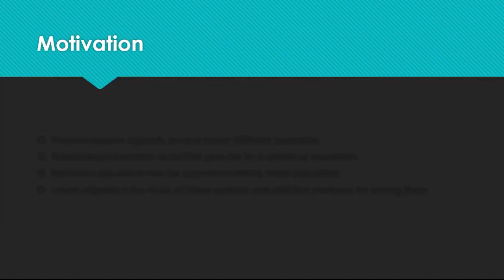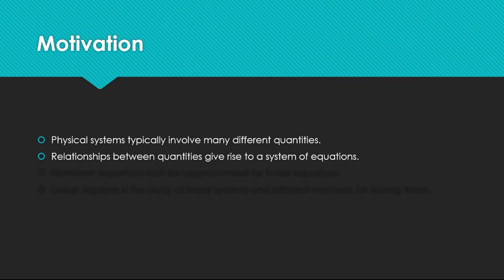First of all, we need to know why we are studying this chapter, the system of linear equations. In a physical system, typically many different quantities are involved, and the relations between those quantities give rise to a system of linear equations. A system of equations may be linear or non-linear, but mostly it is linear.